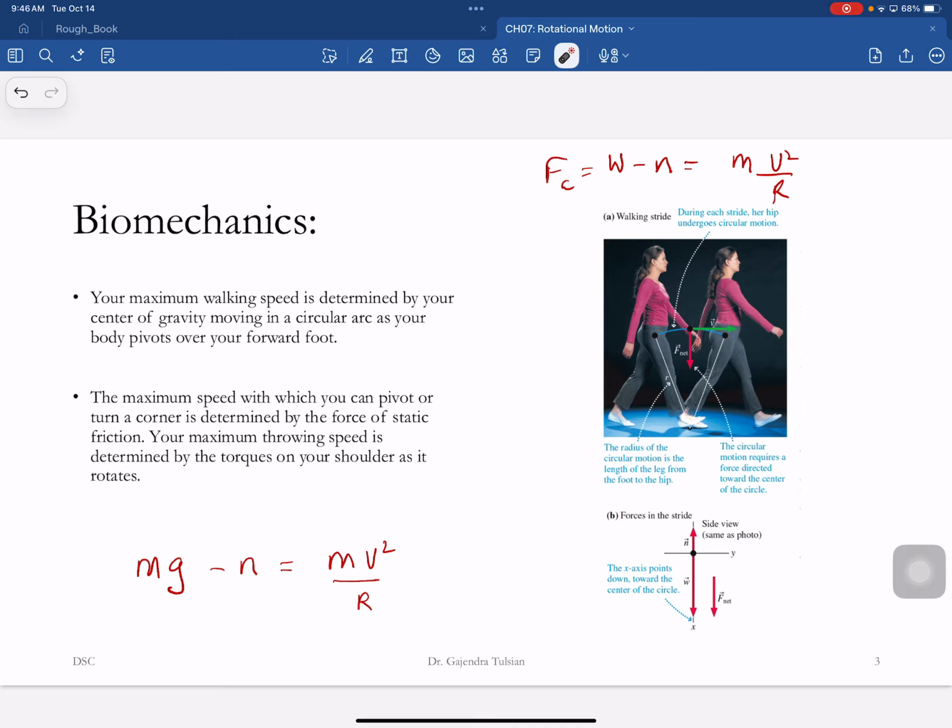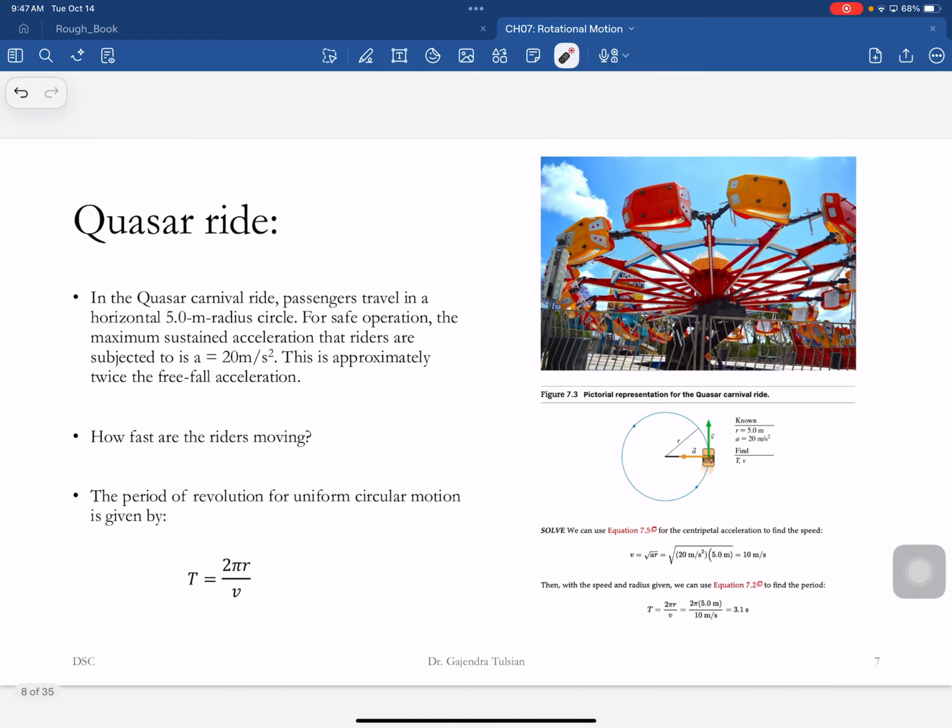All right? So is it 4 miles an hour? So let's see.